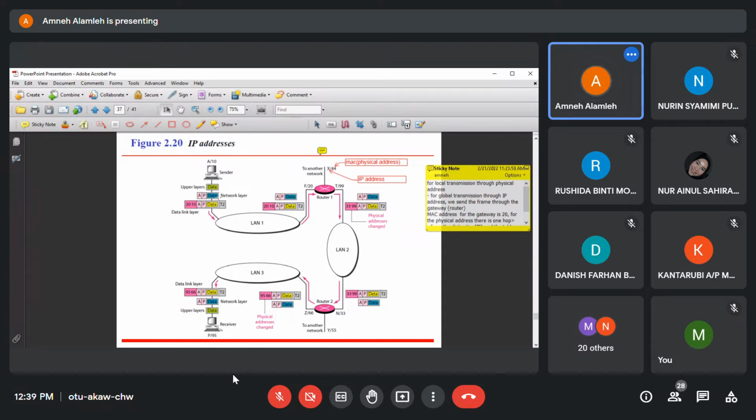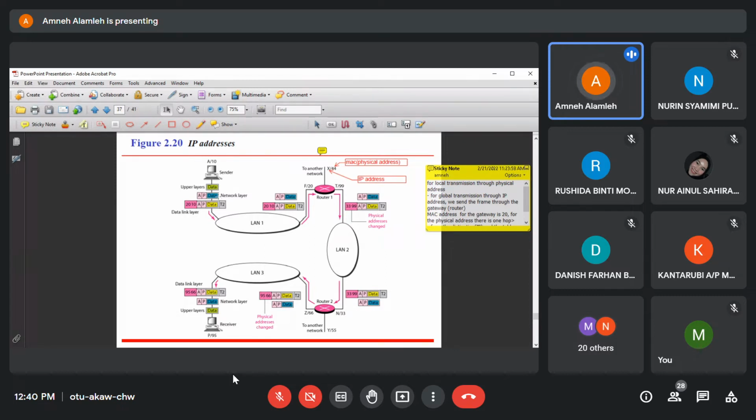The packet has the IP address of the sender, which is A, and the IP address of the receiver, which is P. Here at the bottom, on LAN 3, is the receiver. The IP of the receiver is P. Okay? In the network layer, the data is enveloped in a packet.